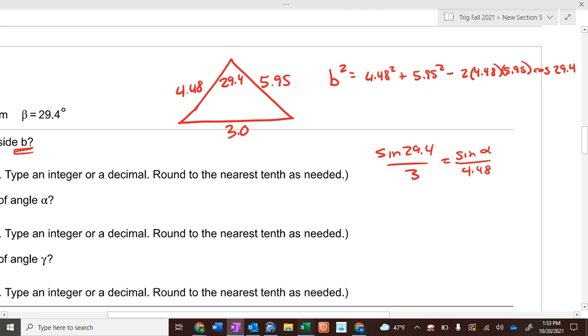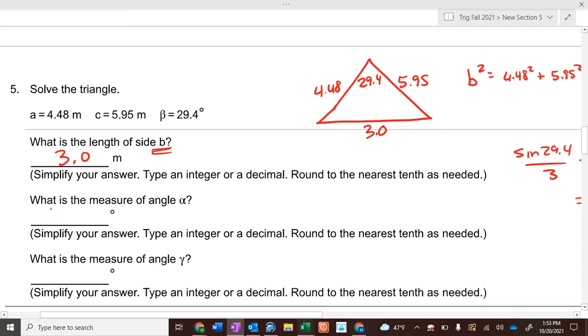Then take the inverse sine of that answer, and that should give you alpha, which should be 47.1. And your other one should be over 100 degrees, because 180 minus 29.4 minus 47.1 is 103.5.